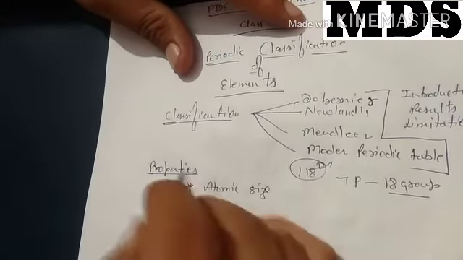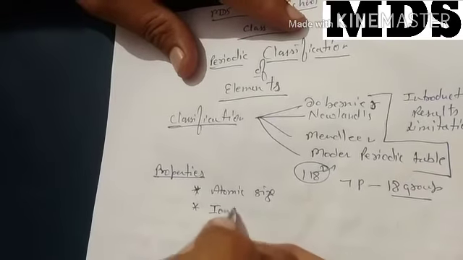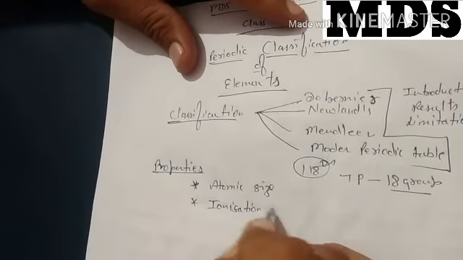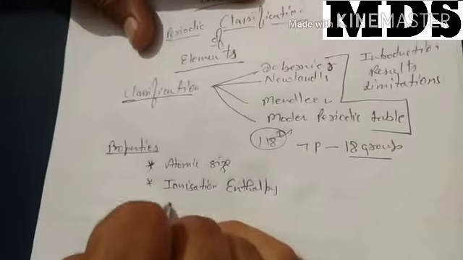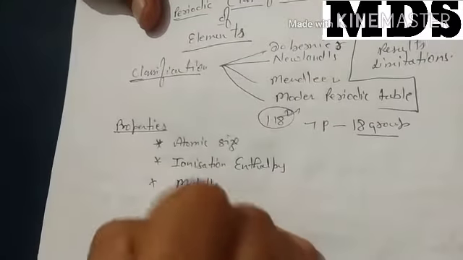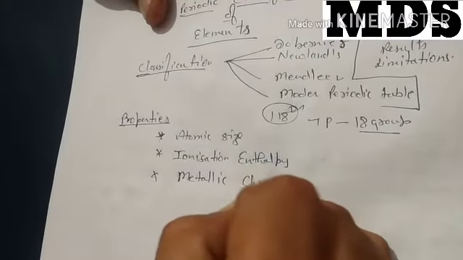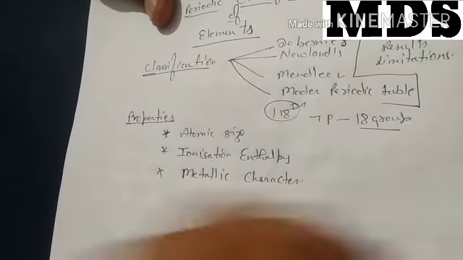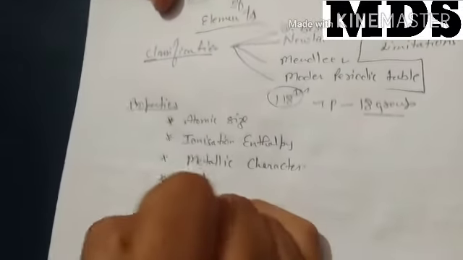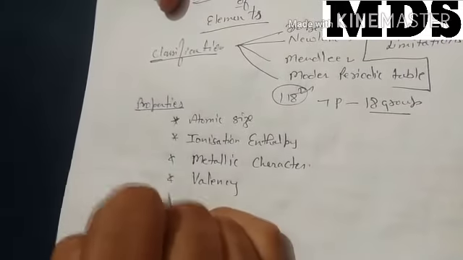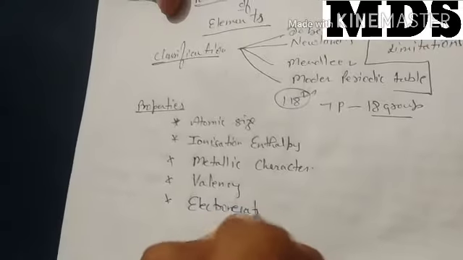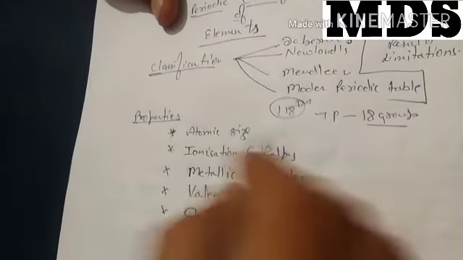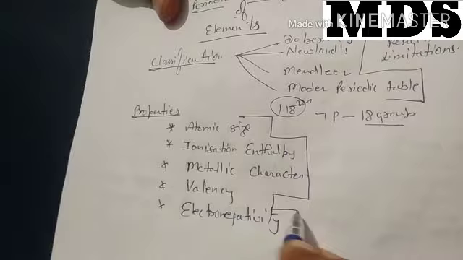Atomic size, then ionization enthalpy, then metallic character, valency, and electronegativity. These are the terms which we need to discuss.